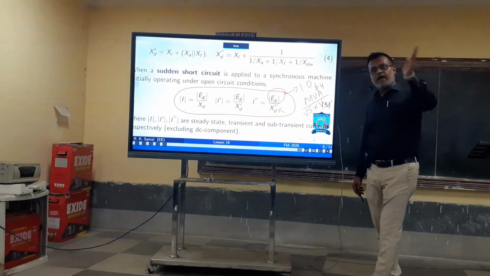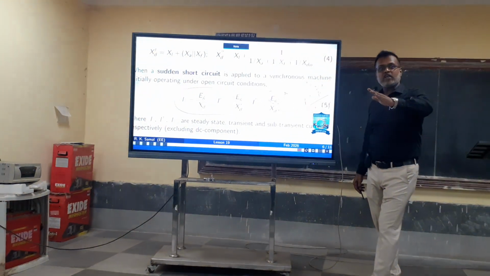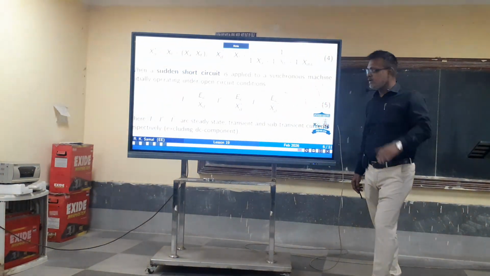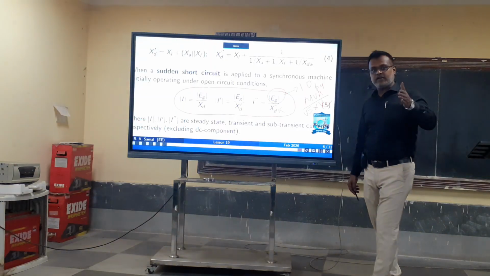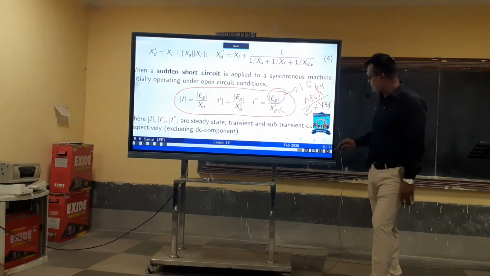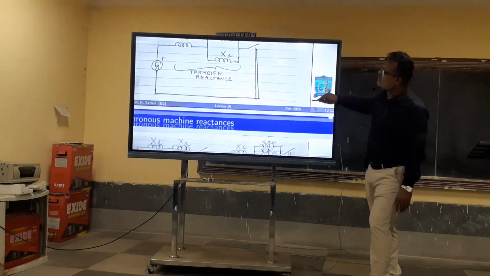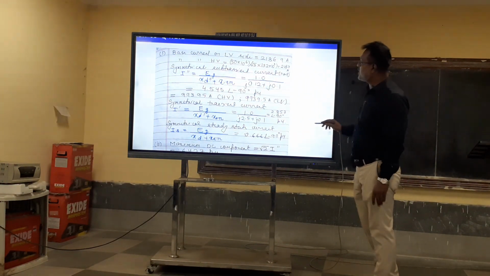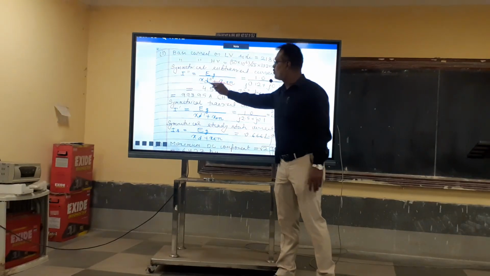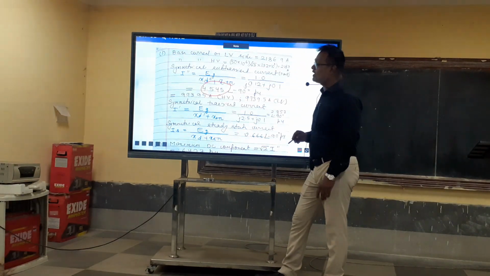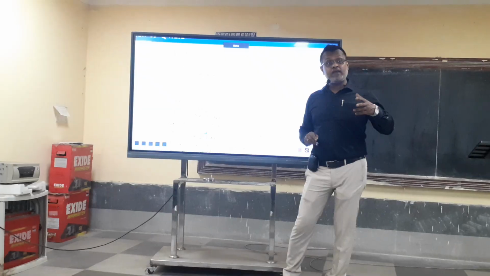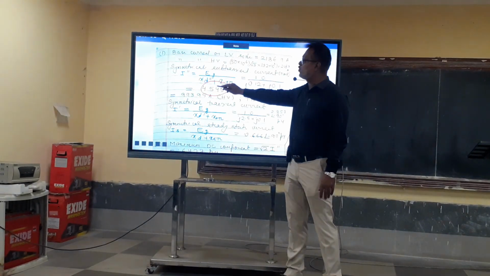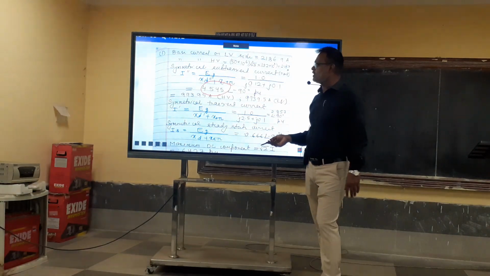Then you convert that to the high voltage side or transformer side. On the high voltage side it will be lower. But we are asked the current on the generator side. You will see the answers here. The subtransient current is simply 4.54 per unit, which means 4.54 times the rated current.